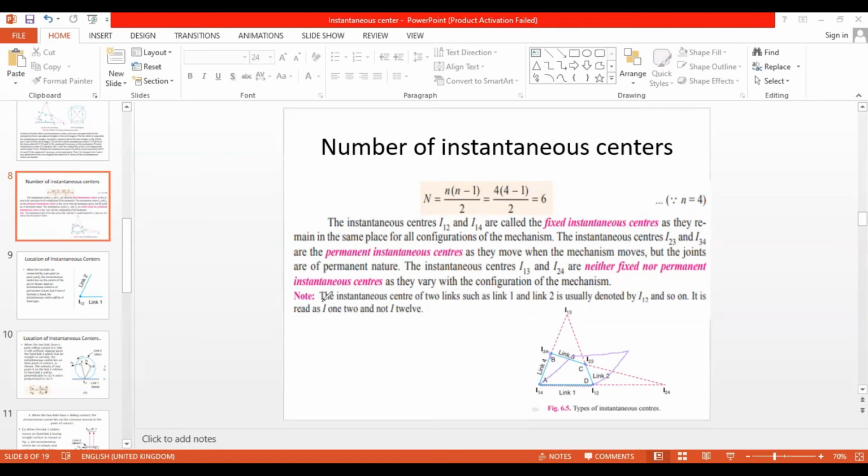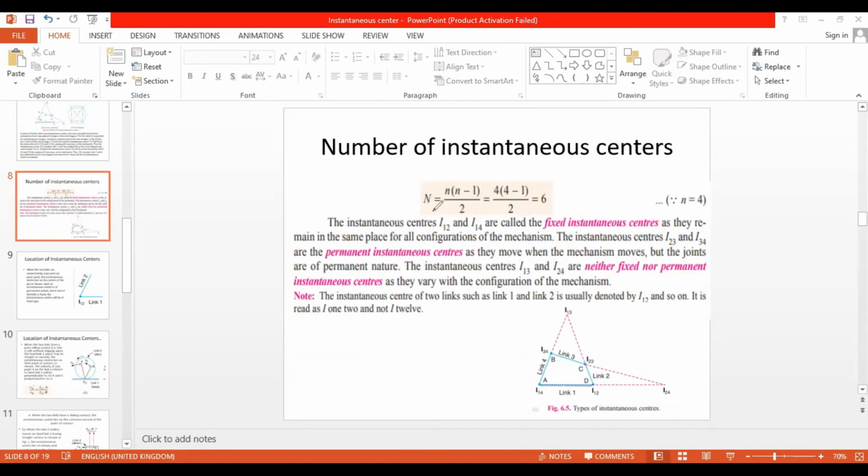The instantaneous center of two links such as link 1 and link 2 is usually denoted by I12. I told you, right? The instantaneous center between link 1 and link 2 is noted as I12, and it is read as I-one-two and not as I-twelve. And there's a formula to find the number of instantaneous centers.